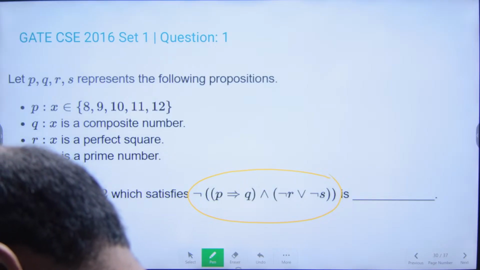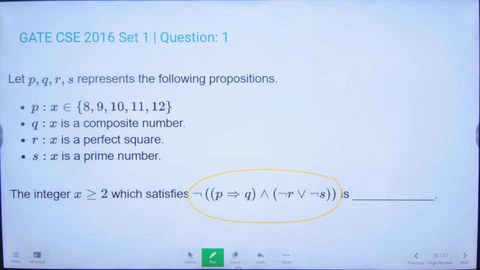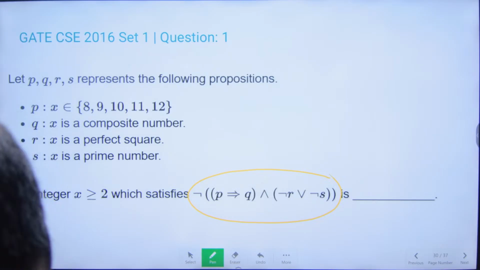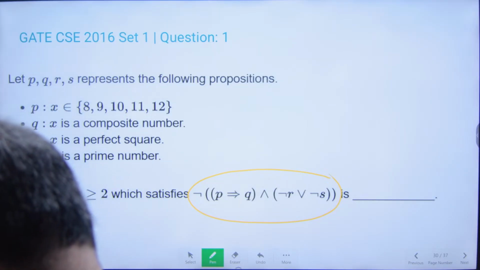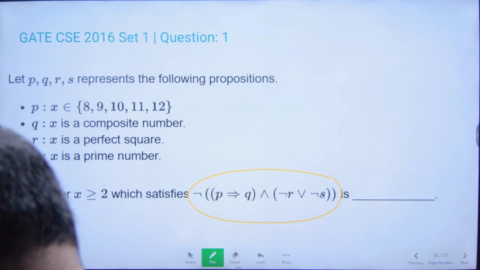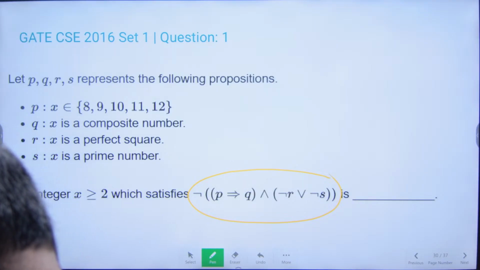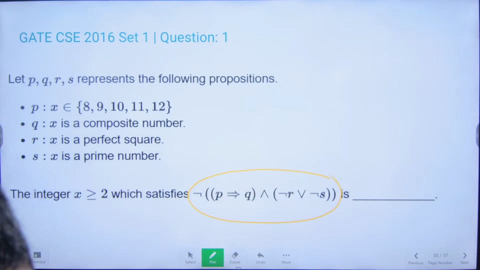So P or Q? This one is equivalent to this one. Yes, not will be cancelled.